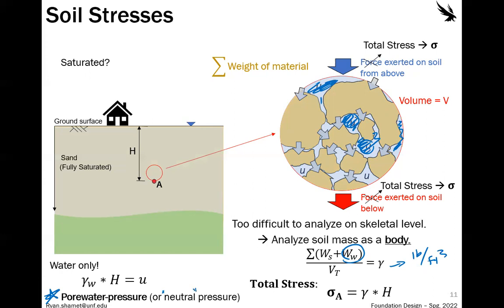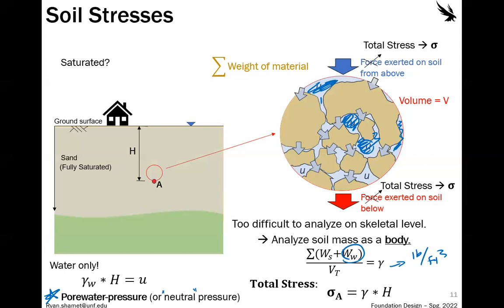So we have the weight from the skeleton, or the total weight of everything, the soil and the water, but then we also have just the water itself. And we'll talk about why it's important to look at only the water. The whole point is that water can change, and it can be a dynamic situation where the water has different pressures.